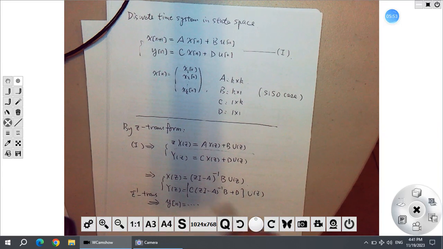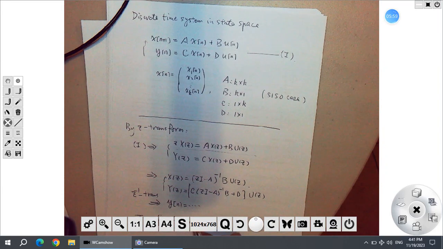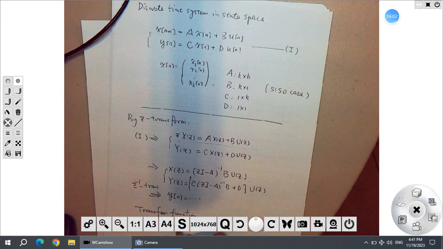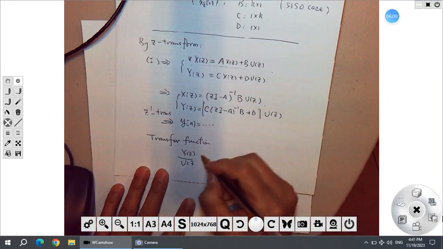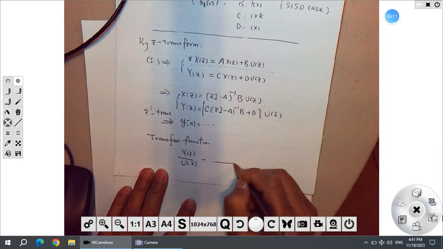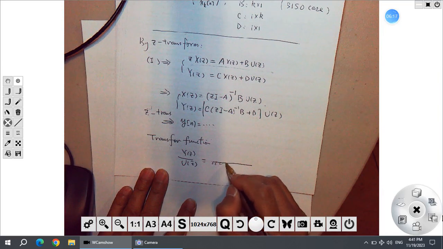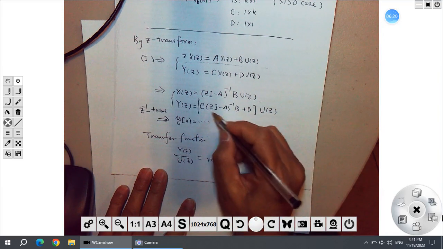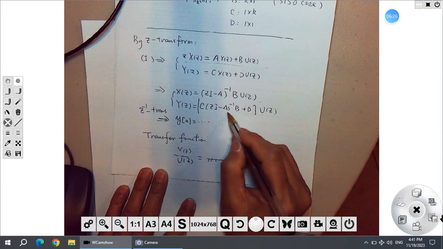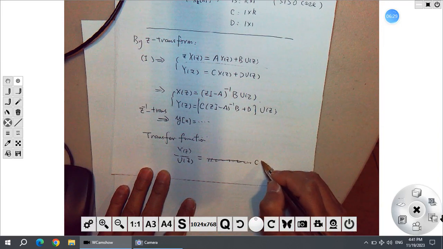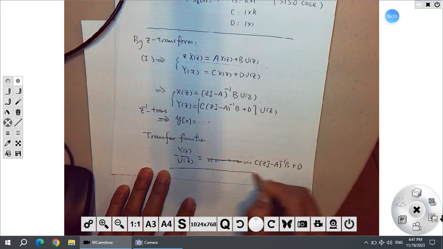Here we also have the transfer function, Y of z over U of z, equal to C times (zI minus A) inverse B plus D. If you write it out, you have the inverse matrix, so you have a fraction whose denominator is the determinant of this matrix.